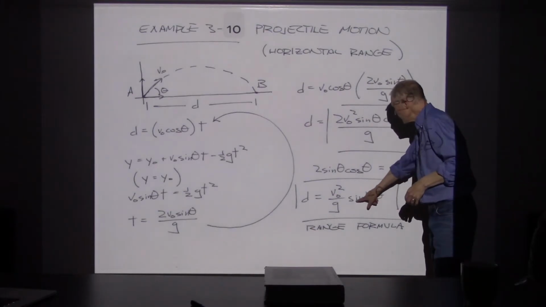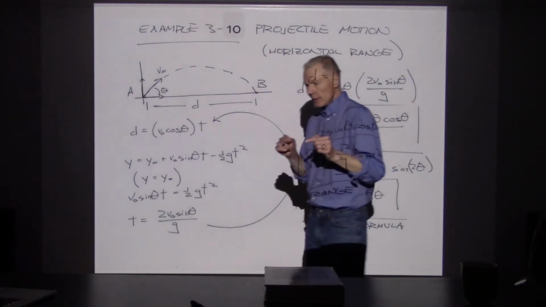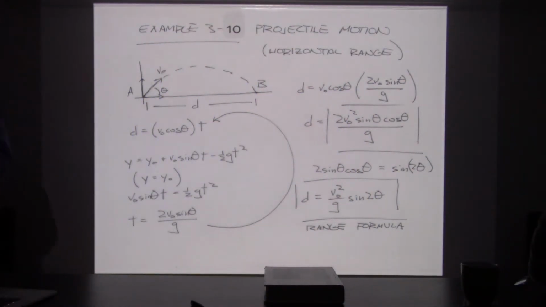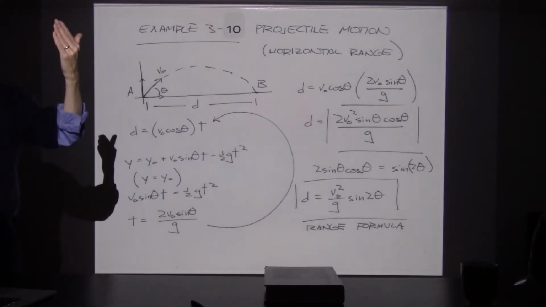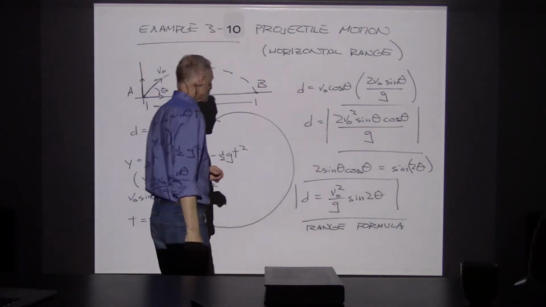That would mean we want an angle of 2 theta equals 90 degrees. It turns out 45 degrees is the best angle. 45 degrees is the optimum compromise between giving it a lot of velocity downrange and keeping it in the air long enough that it goes downrange. So at 45 degrees, we're going to max out that.